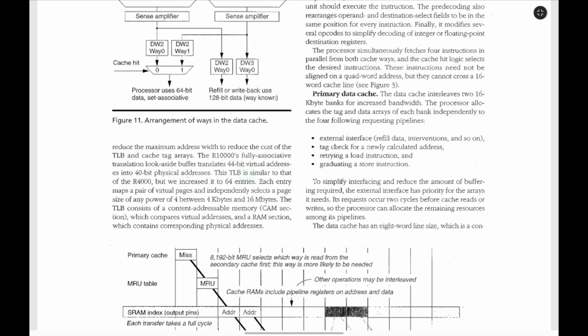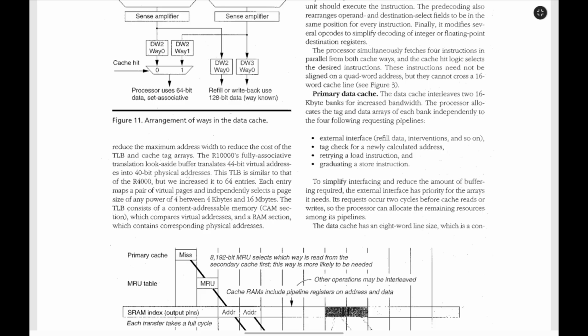This TLB is smaller than that of the R4000, but we increased it to 64 entries. Each entry maps a pair of virtual pages and independently selects a page size of any power of 4 between 4 kilobytes and 16 megabytes.